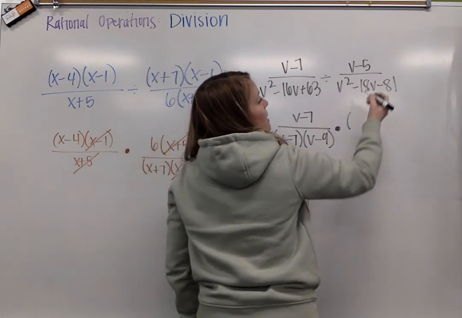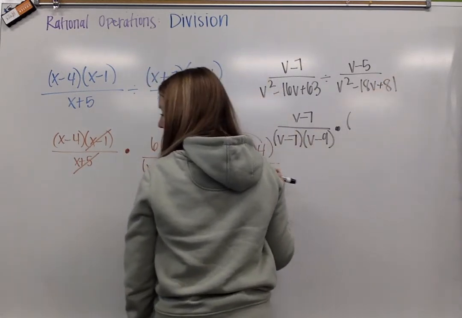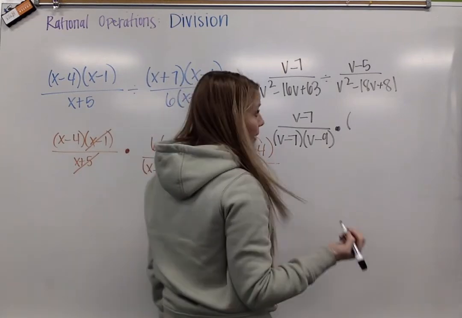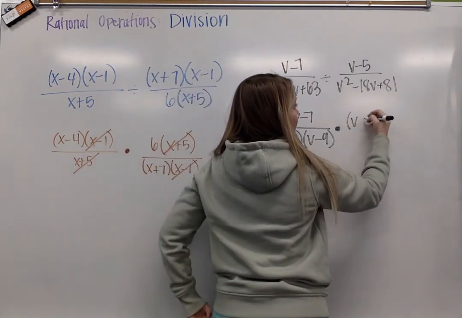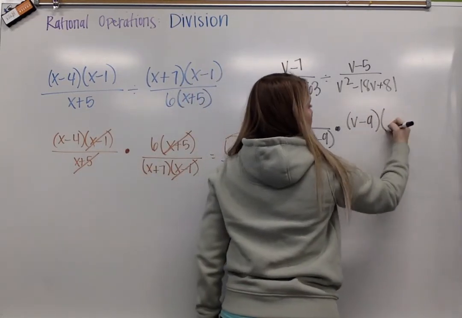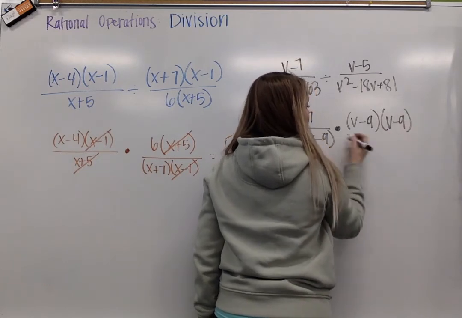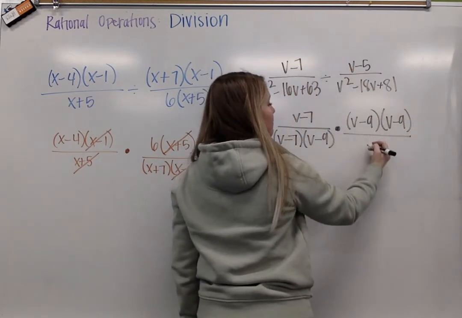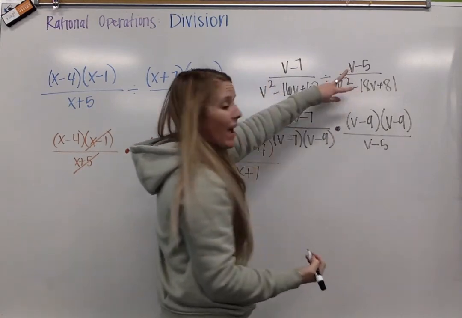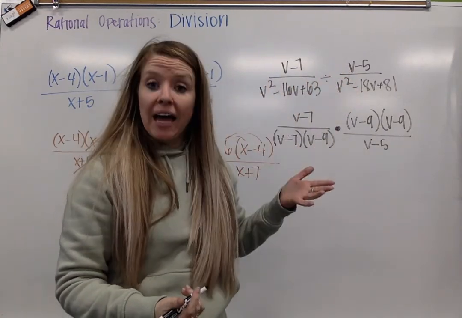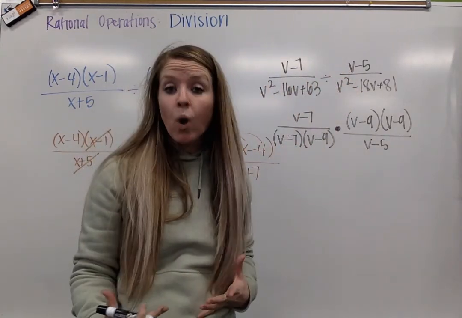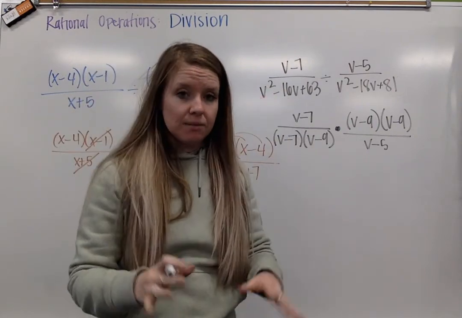I'm going to say that this is a positive 81. I wrote that wrong. Okay? So this is going to be b minus 9 times b minus 9 all over my b minus 5. So as I copy dot flopped, I factored. So I just did 2 steps in one. You can do it separate, doesn't matter.